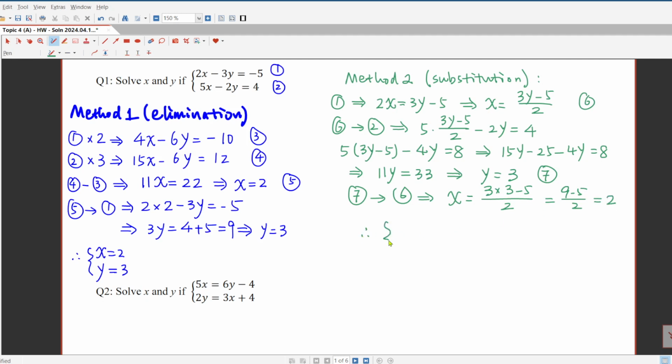And therefore we have the same pair of solutions, which is x equals 2 and y equals 3. Now, actually, for this specific question, I think the first method seems much easier, right? Because that does not involve the manipulation of fractions, which is usually time consuming.